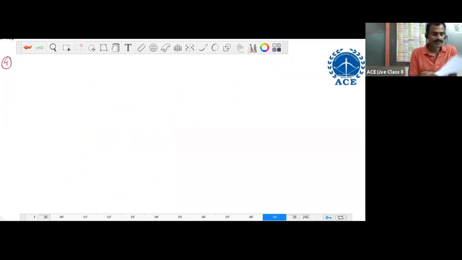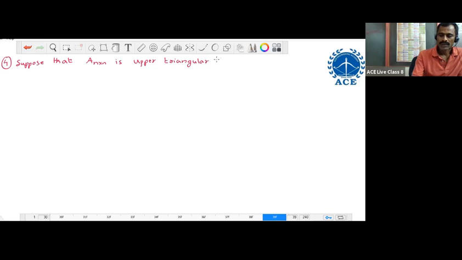Fourth problem. Suppose that A, n cross n, is an upper triangular matrix, such that a_i equal to 0, for i equal to 1, 2, 3, and so on, n.